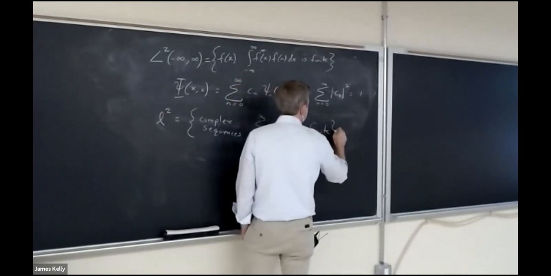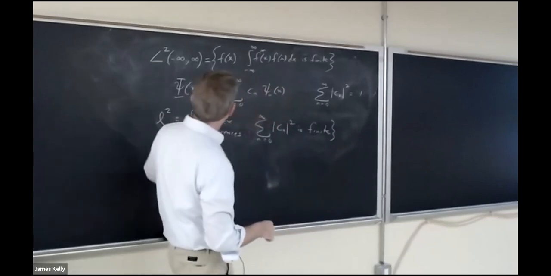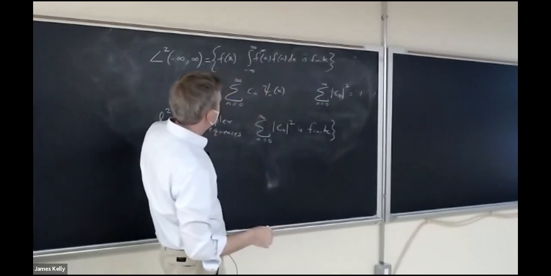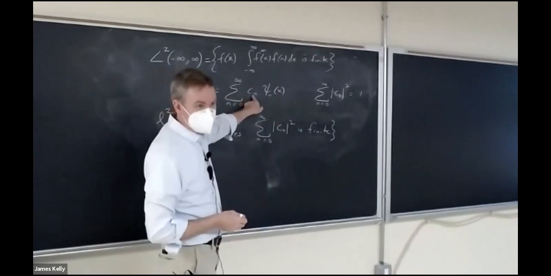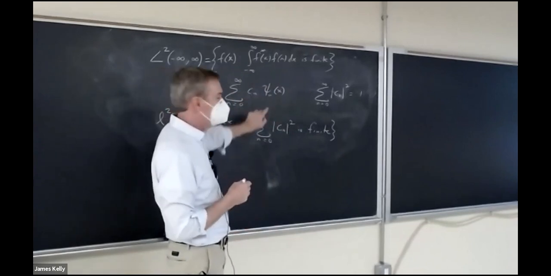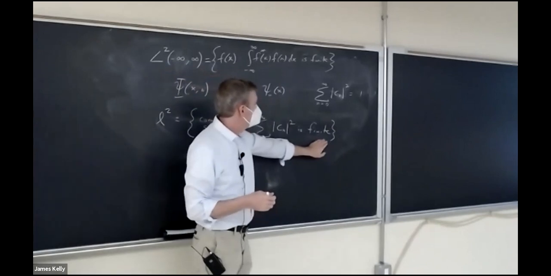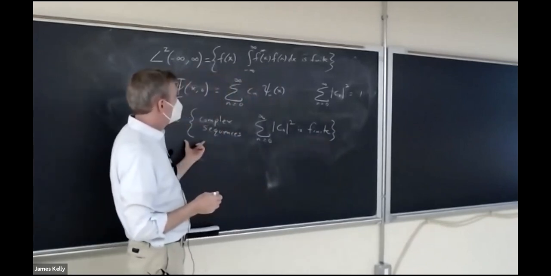It's not necessarily equal to 1, because if this function weren't normalized, then these aren't going to be properly normalized, and it might add to 4 or something like that when you add up all the magnitude Cn squares. But at least this is a potentially normalizable function.